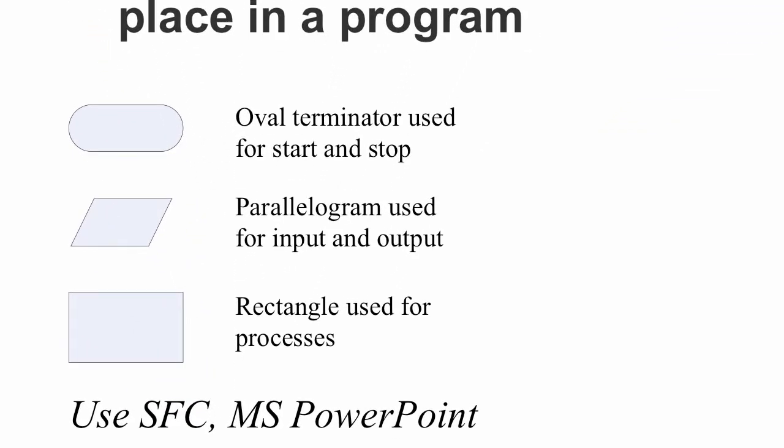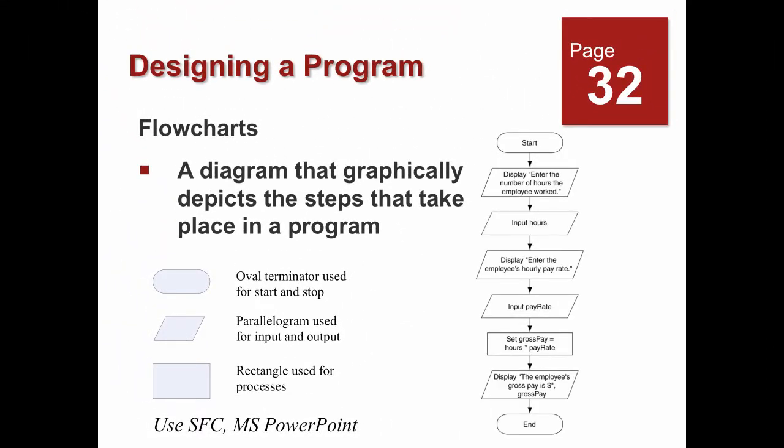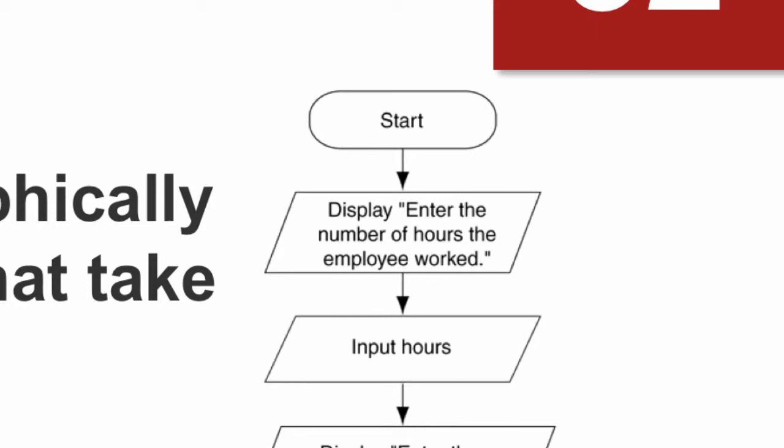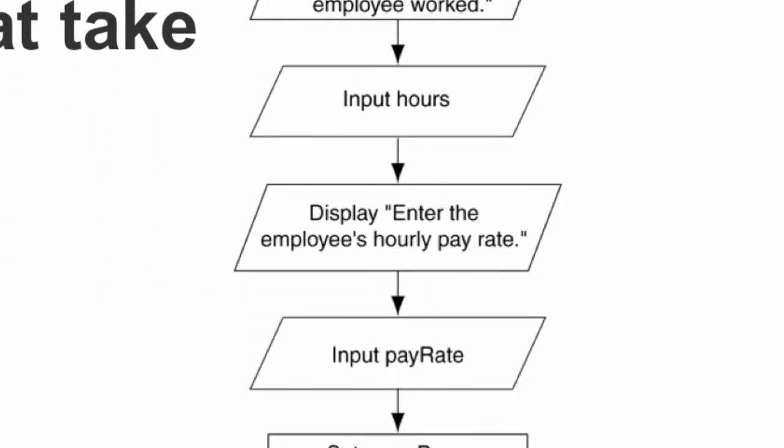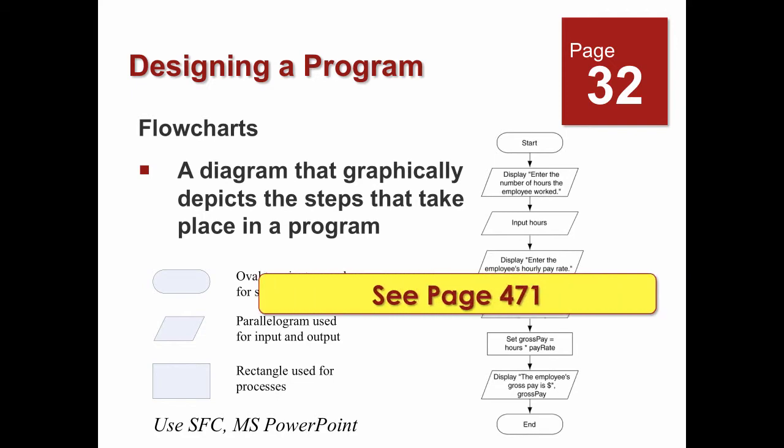So an oval is a terminator used at the start and the stop of a program. A parallelogram is used for input and output, and a rectangle is used for a process. So if we were going to put something together, let's just go ahead and do that. We're going to say, okay, here's a program flowchart. Now, if you want to see all those symbols used in flowcharting, then go ahead and turn to page 471, and you can look at them.